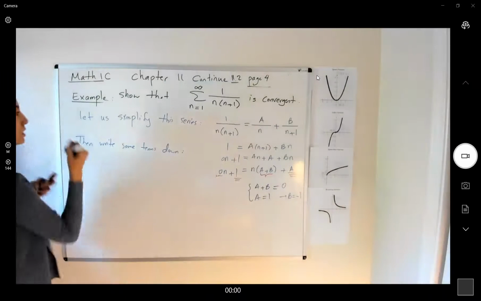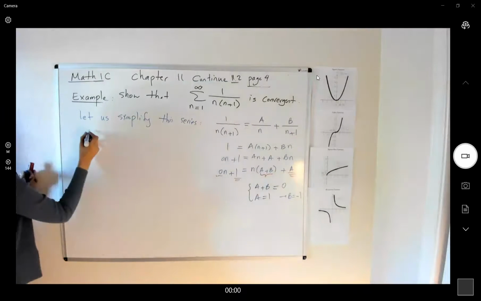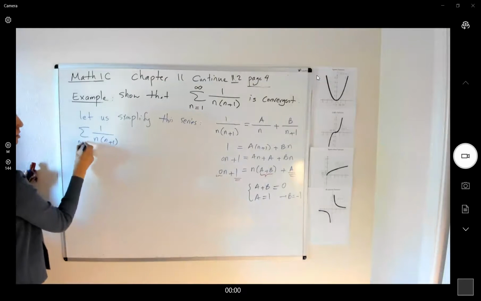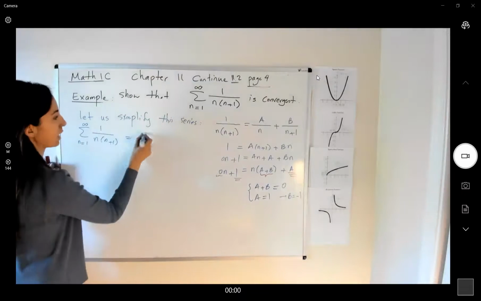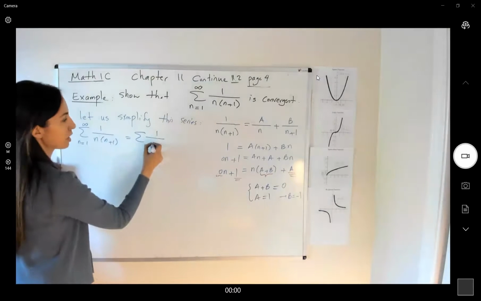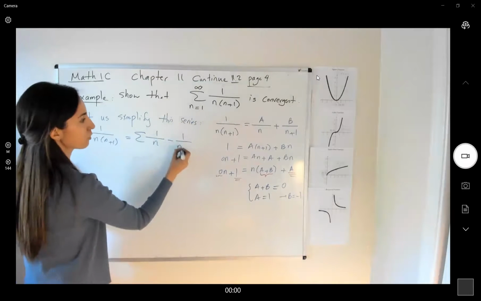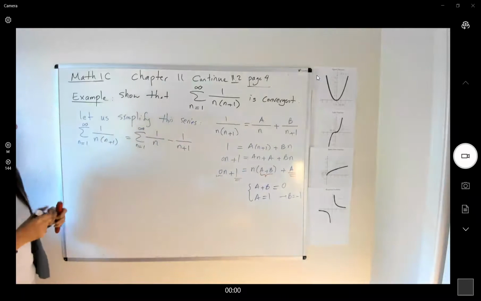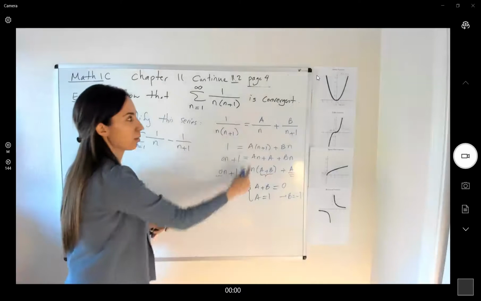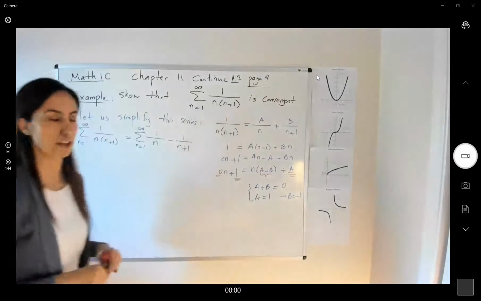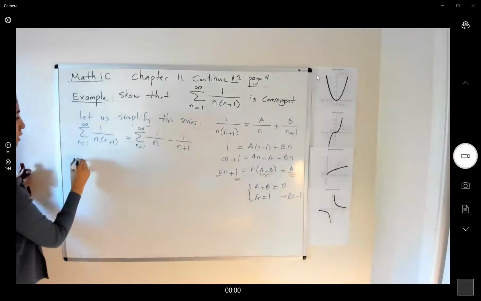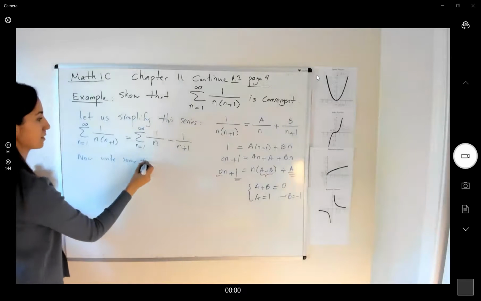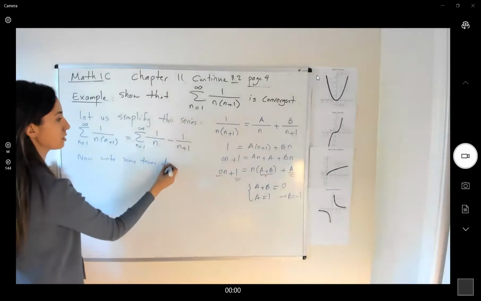So b is equal to minus 1. So this series can be written as the sum 1 over n, n plus 1, n starts from 1 to infinity, as the sum 1 over n minus 1 over n plus 1, n starts from 1 to infinity, by using the decomposition of fractions. Now, write some terms down.